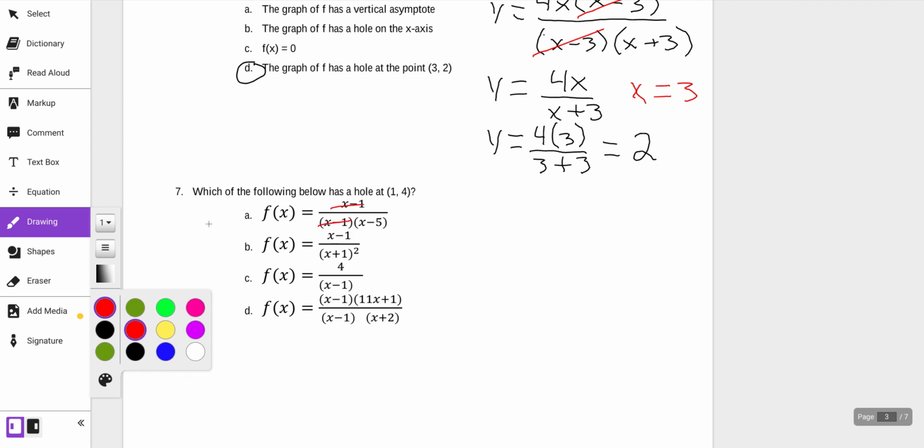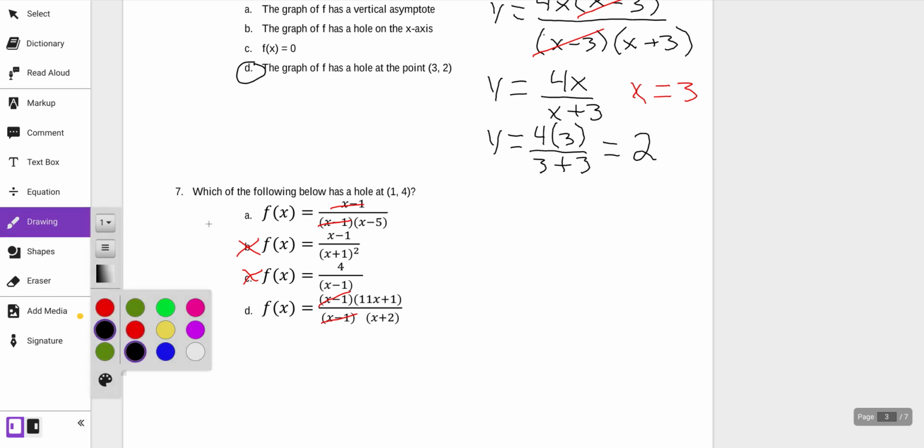Okay, so that's possible it has a hole. B would not have a hole at x equals 1 because there's no x minus 1 canceling top and bottom. C would not have a hole because there's no binomial on the top canceling with any binomial on the bottom. D might have a hole at 1 because x minus 1 cancels out with x minus 1.